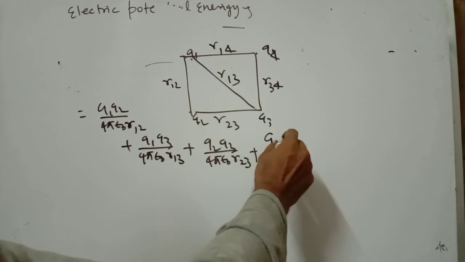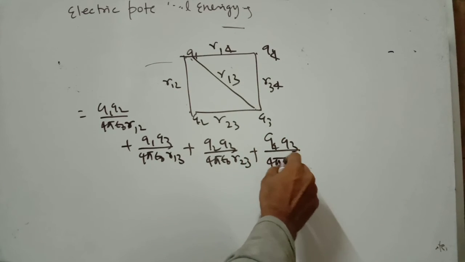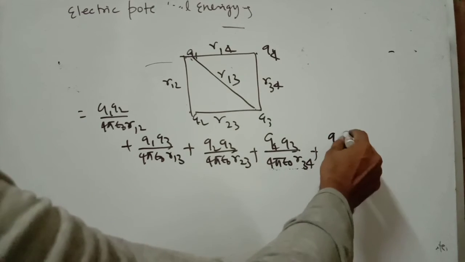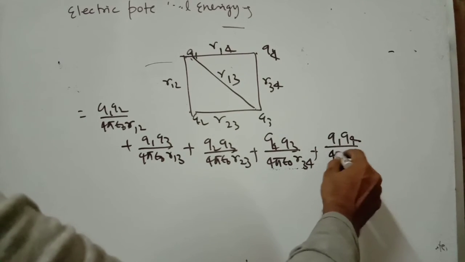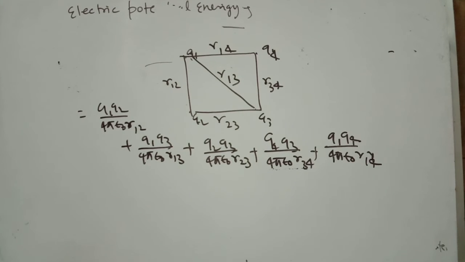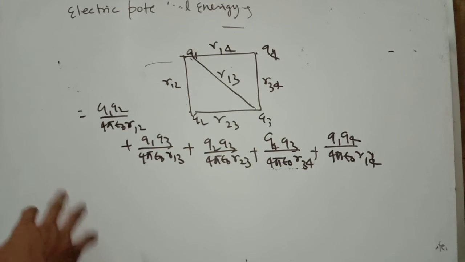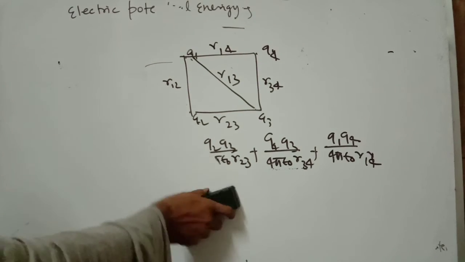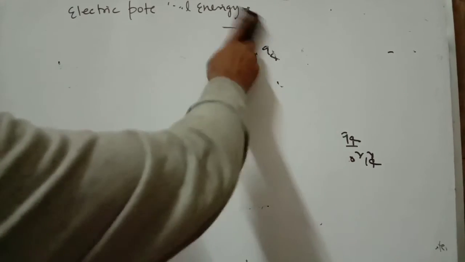Similarly q4 q3 by 4 pi epsilon naught r34, and q1 q4 by 4 pi epsilon naught r14. Okay, since it is a scalar quantity, you can simply add all the electric potential energies, then you will get the electric potential of the system of charges.